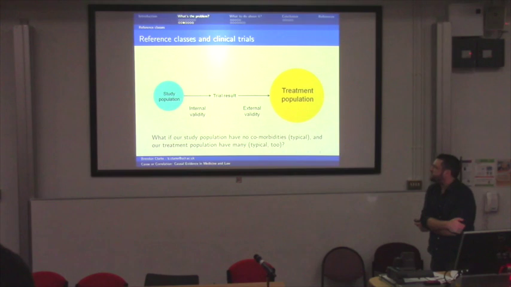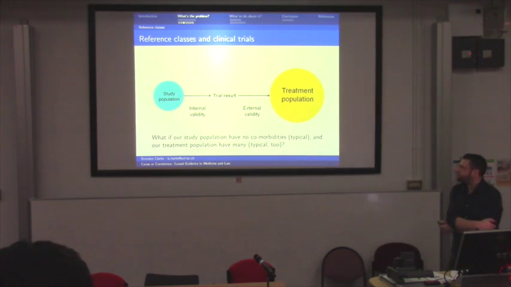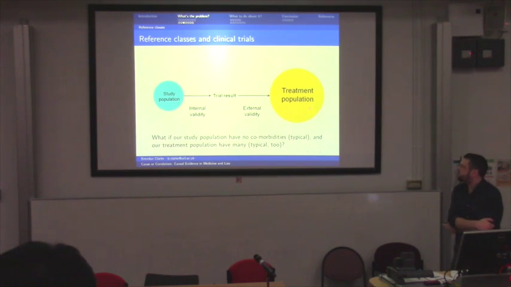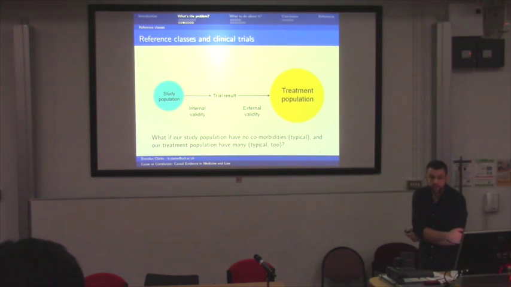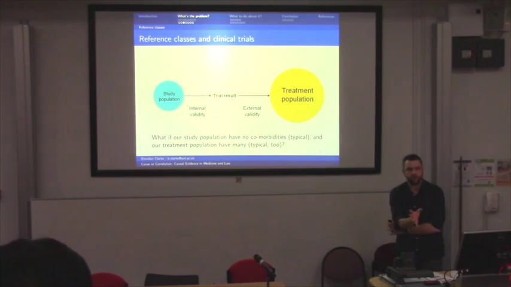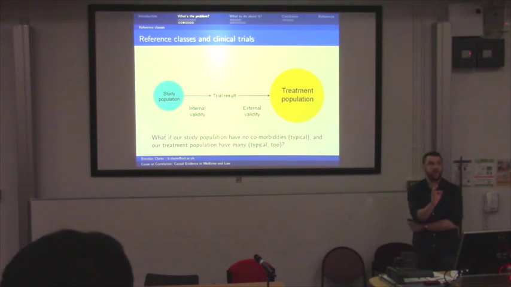Now here's the worry. What if there are reference class difficulties that apply to this? What, for instance, if our study population have no comorbidities, that is, other illnesses, and our treatment population have very many? And actually that's the kind of thing that you would typically expect in clinical trials of blood pressure medication. It's well worth looking up the details of these.